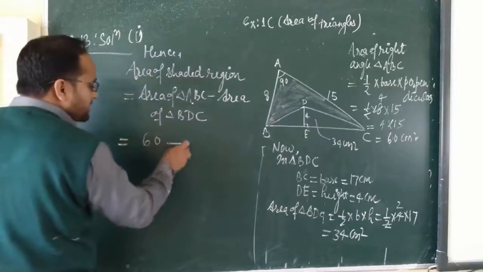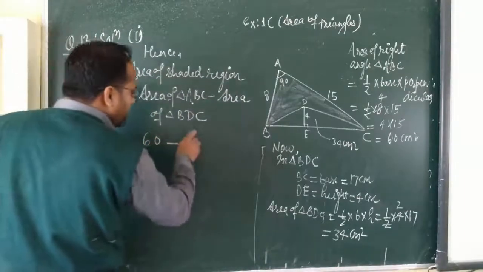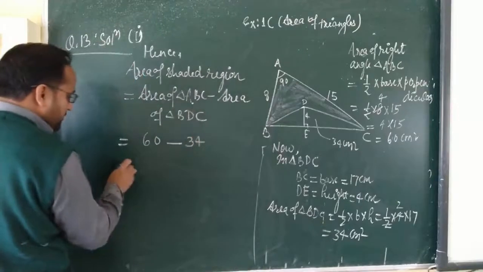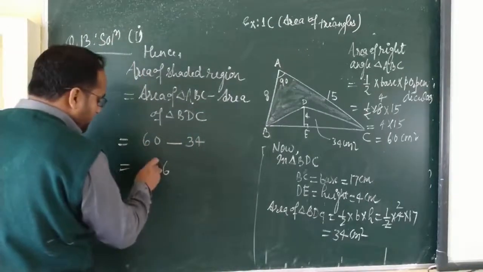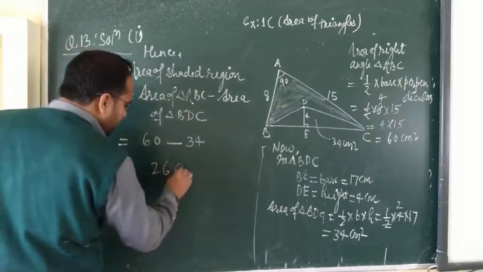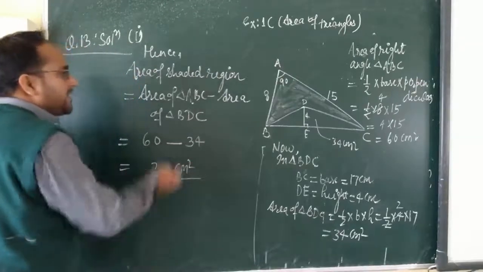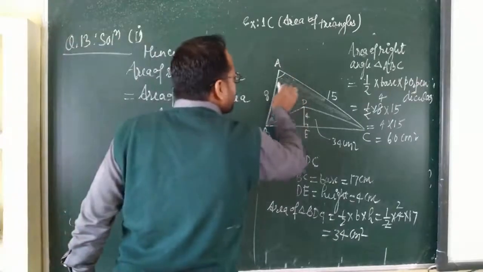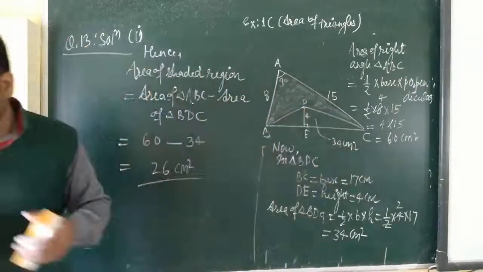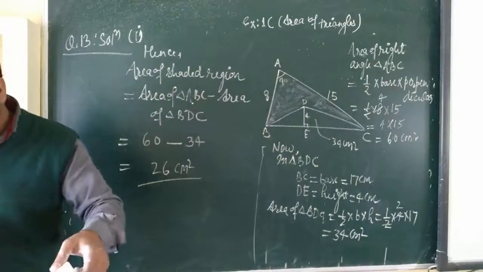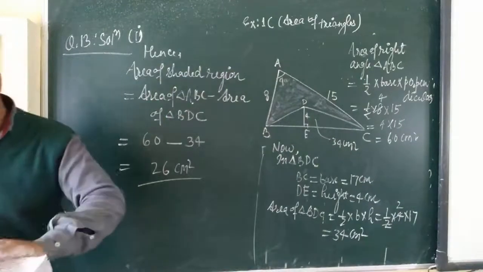Area of a whole triangle is 60 and area of a triangle BDC is 34. If you subtract this one, 10 minus 4, 6, and from 5 minus 3, you will get this 2. 26 centimeter square is the area of this shaded portion. Area of this shaded portion is 26 centimeter square, students. Same as it is, you can try this question number.